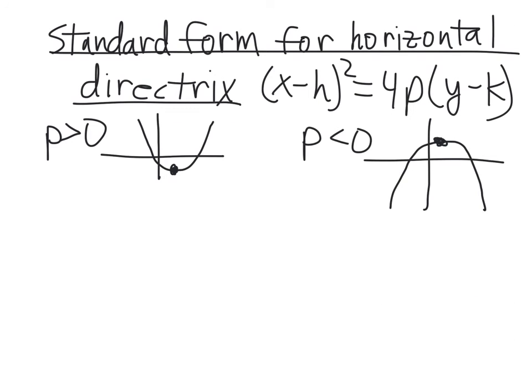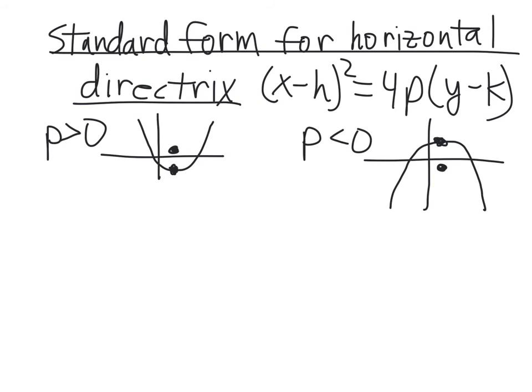So to summarize, our standard form for a horizontal directrix, if p is greater than 0, it opens up. P, again, will represent the distance between the vertex and the focus. So if p is negative, we go down to the focus.